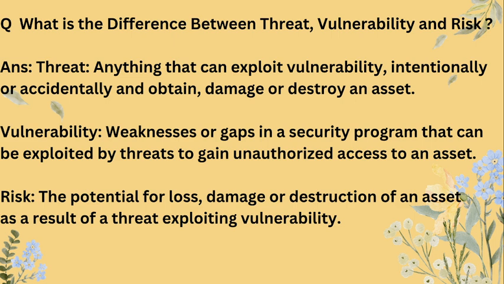This can be intentionally or accidentally, and obtain, damage or destroy an asset. It means threat is a negative event which damages or destroys an asset if it exploits vulnerability.